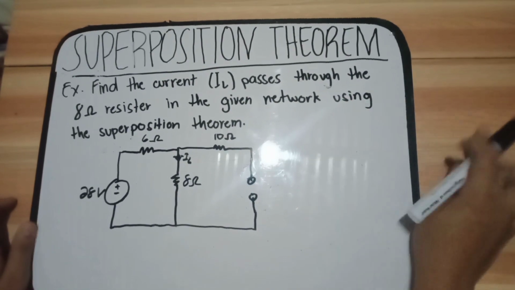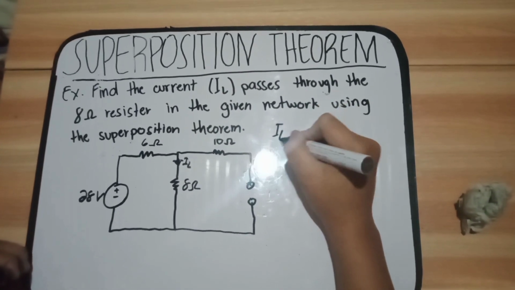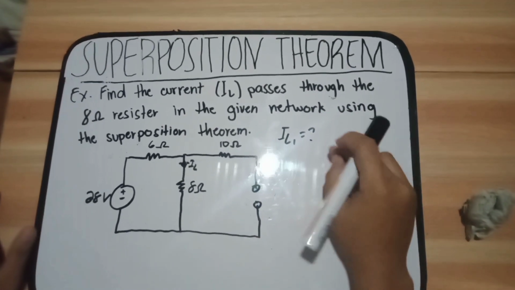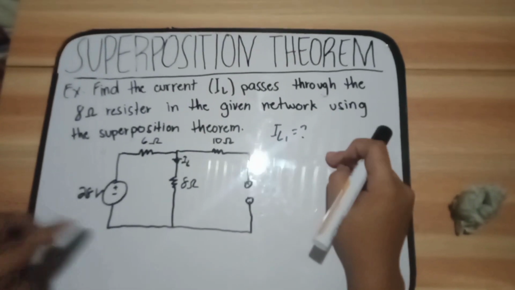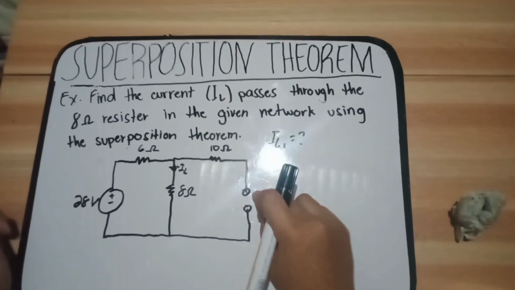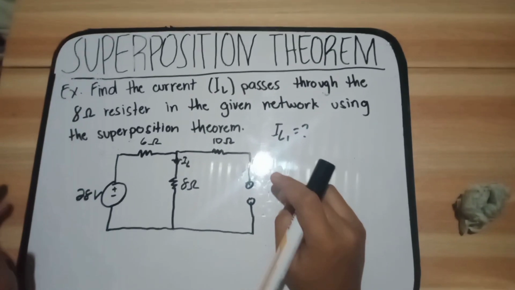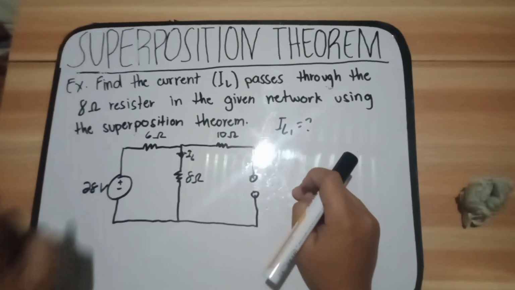So, ngayon, hahanapin natin ang IL1, the current through the 8 ohms resistor. It gives the effect only of one voltage source. Due to the open circuit of the current source, no current passes through the 10 ohms resistor. So, the network considers only one loop.